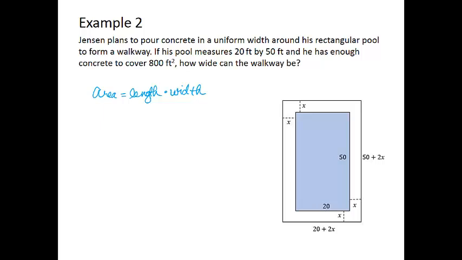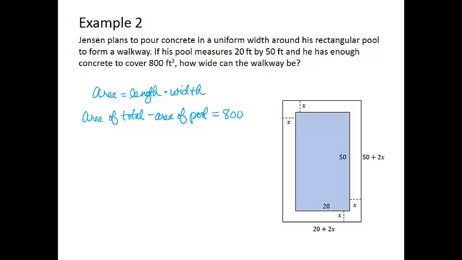So our equation will come from the area of the total minus the area of the pool must equal the concrete that we have to cover, which is 800 square feet.